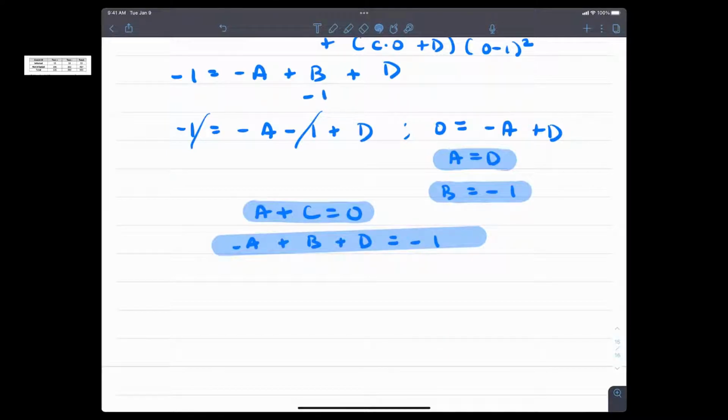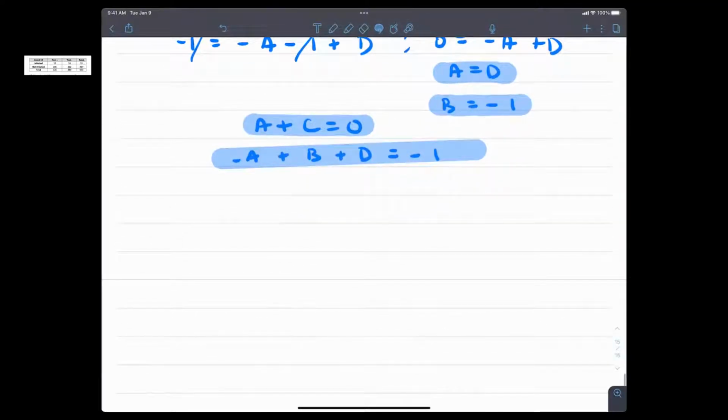B is negative 1. Okay, so you could do something here that I want to remark about, but I kind of want to avoid it. You've got 4 equations and 4 unknowns. That's a system of 4 equations and 4 unknowns. So you can say here, d plus c is 0, b is negative 1.